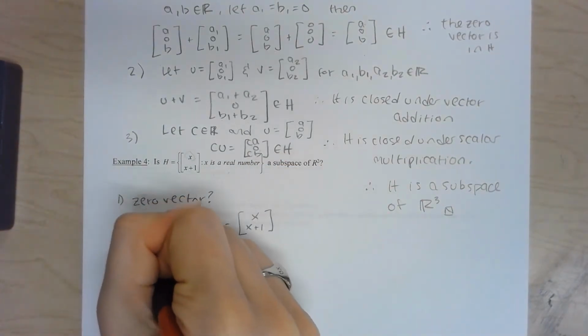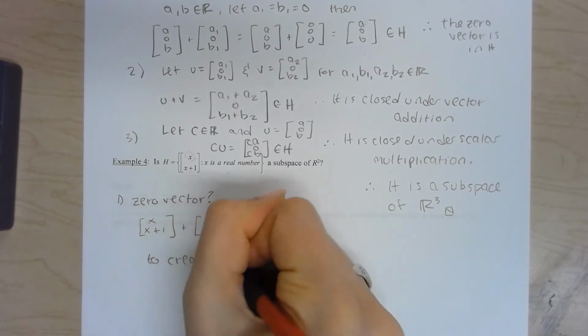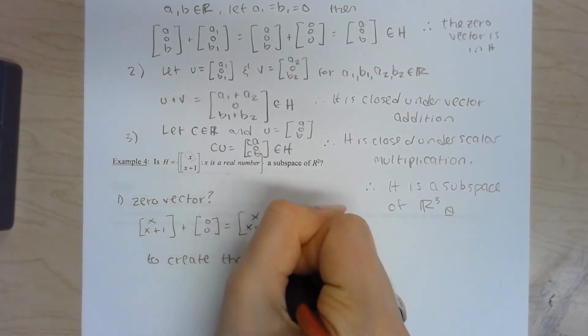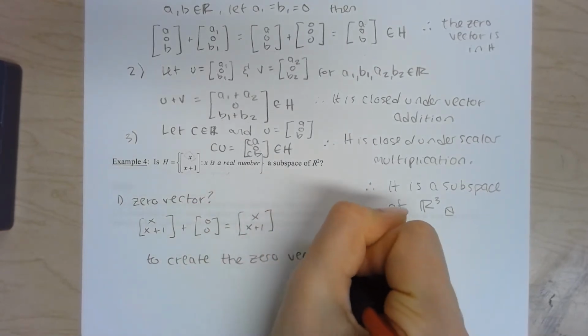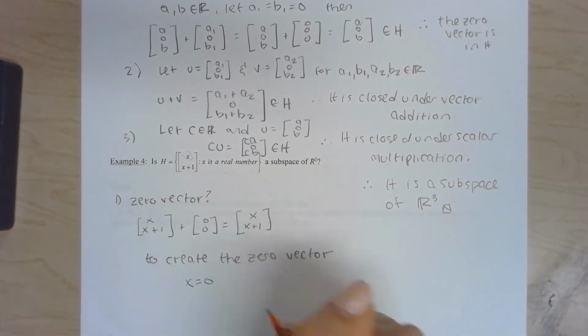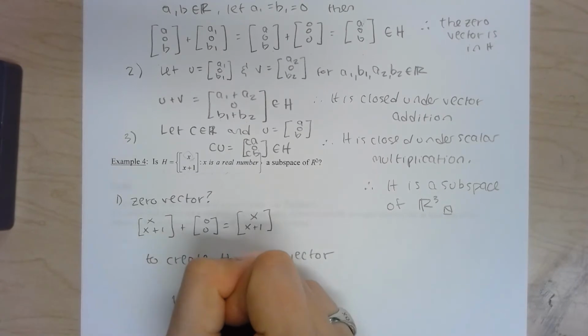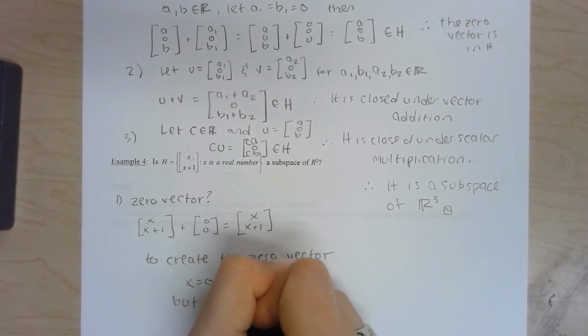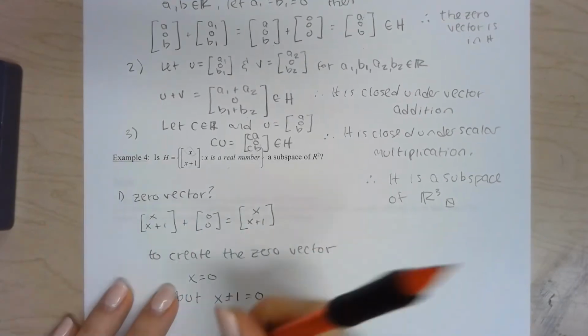But to create the 0 vector, it doesn't exactly fit the format. We would have to have that x equals 0, but we can't have that happen at the same time that x plus 1 equals 0.